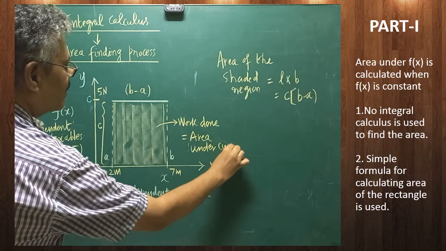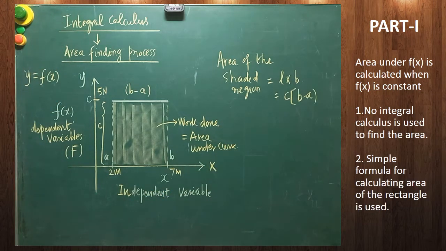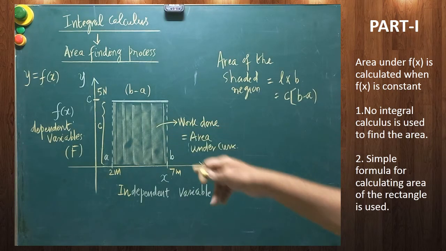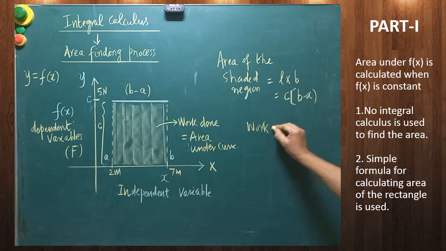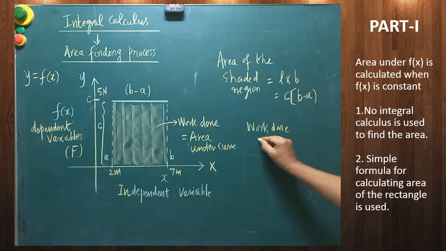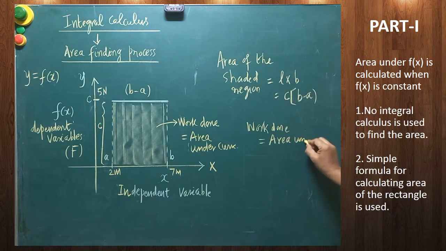That is the purpose of drawing this graph. Now by using this force and displacement, I will calculate the work done. So what is work done? Work done is equal to area under the curve.